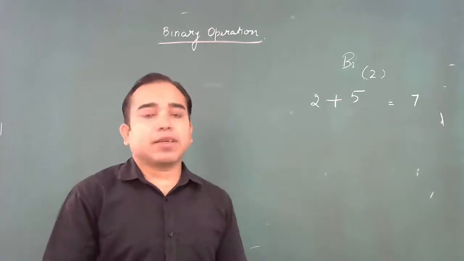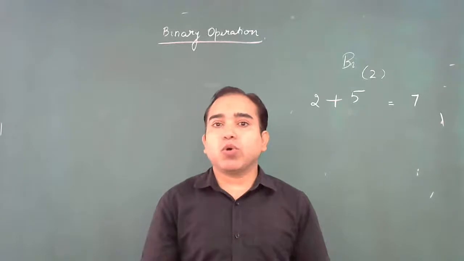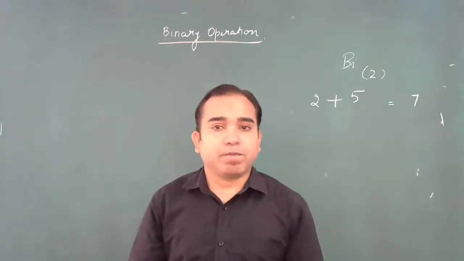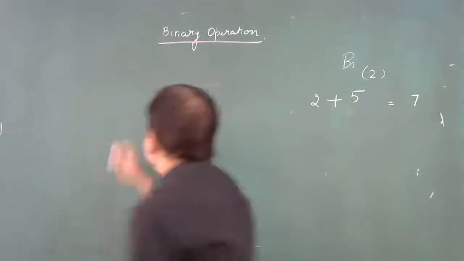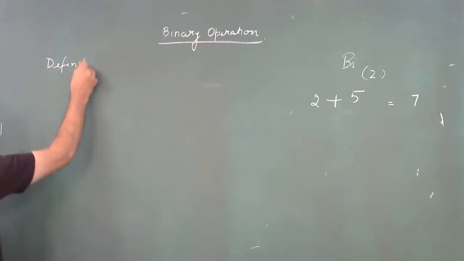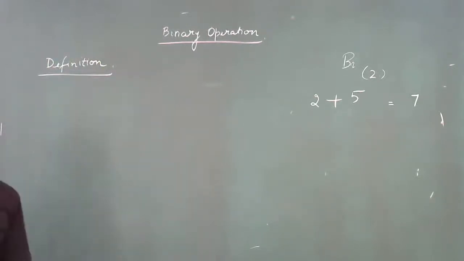So this makes the base to define a binary operation in a proper manner. Right, let's begin with the definition of binary operation. To define a binary operation, we need to work on a certain set.